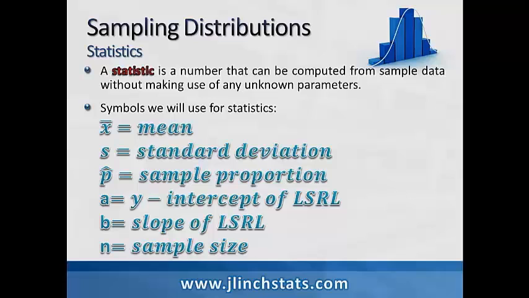So once again, statistics are basically numbers that are computed from sample data. If we do not know how to do a complete census of the population, or if it's not possible, we typically take representative samples of the population and come up with values that are called statistics.